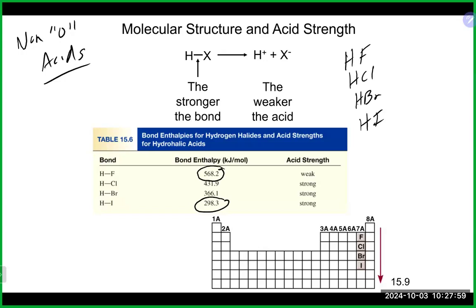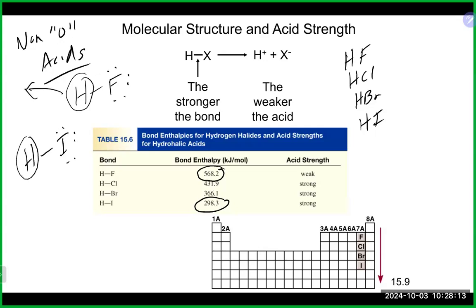That's really important because if we take a look at HF, or even HI, what makes it an acid is the ability of the hydrogen to pop off, and the only way it's going to pop off is if you break that bond.